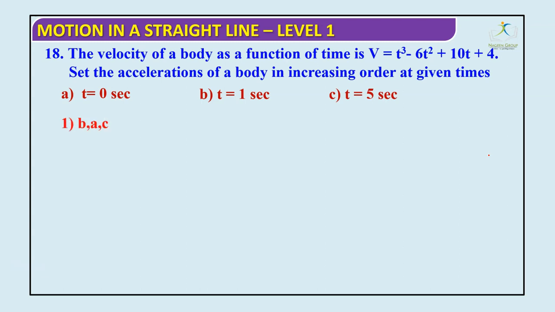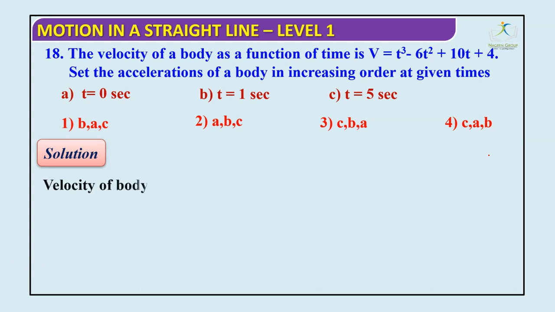So here BAC is an option, ABC is an option, CBA is an option, and CAB is an option. Now let's move on to the solution part so that we can easily tell what the correct option for this question is.